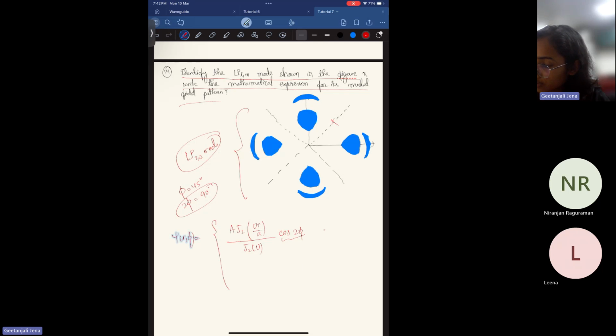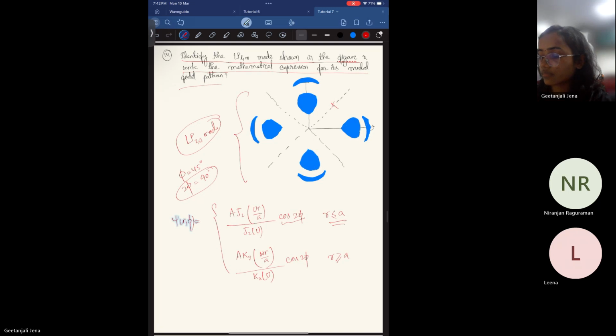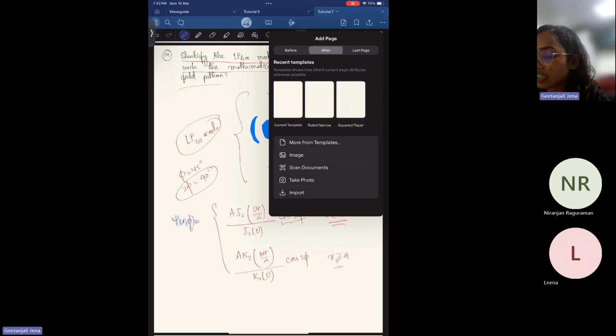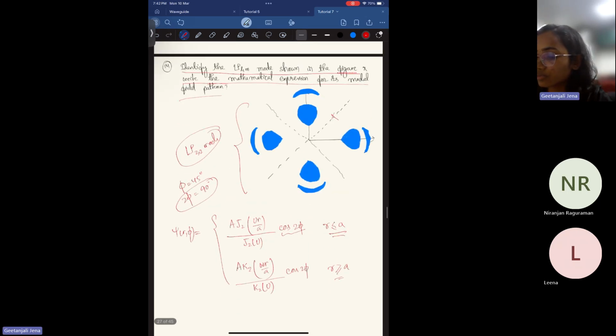So this is for r less than or equal to A, and for the cladding region we have K2(W R by A) by K2(W) cos 2 phi for R greater than or equal to A. Okay. So this is what I wanted to do in this live session.